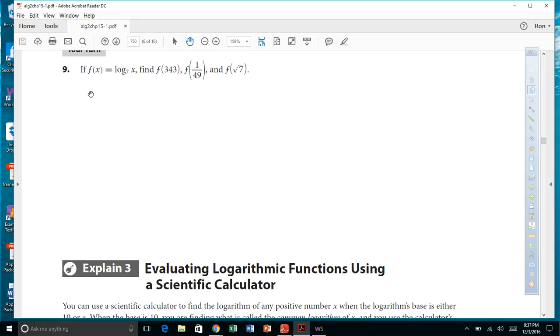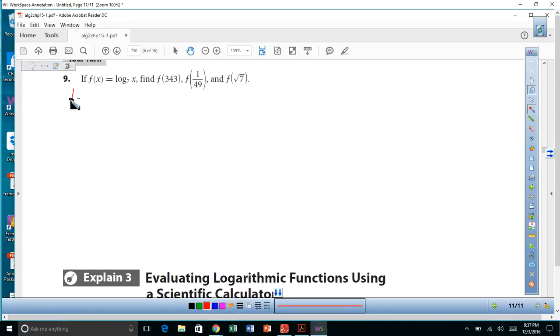We're going to have log base 7 of 343 equals y. Now, let's rewrite it as 7 to the y equals 343. We rewrote it there in the exponential form.